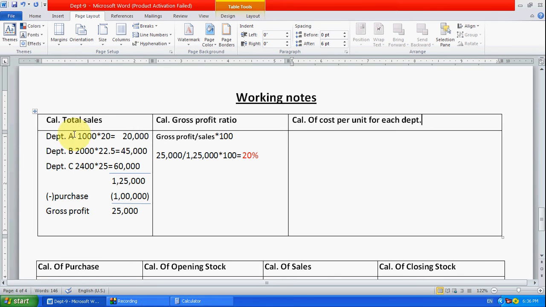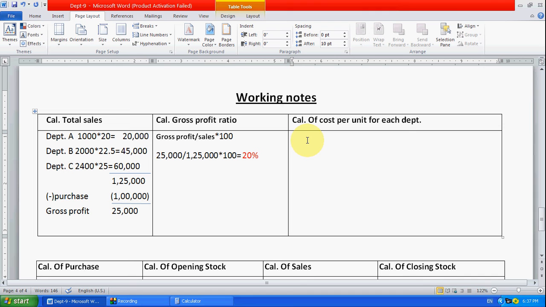First we take the purchase units, then we don't have price, that's why we use the sales price per unit, then calculate, then minus purchase, we get gross profit, then calculate the gross profit in percentage using the formula gross profit divided by sales into 100, that is 20%. And by using this percentage, we calculate the cost per unit for each department.